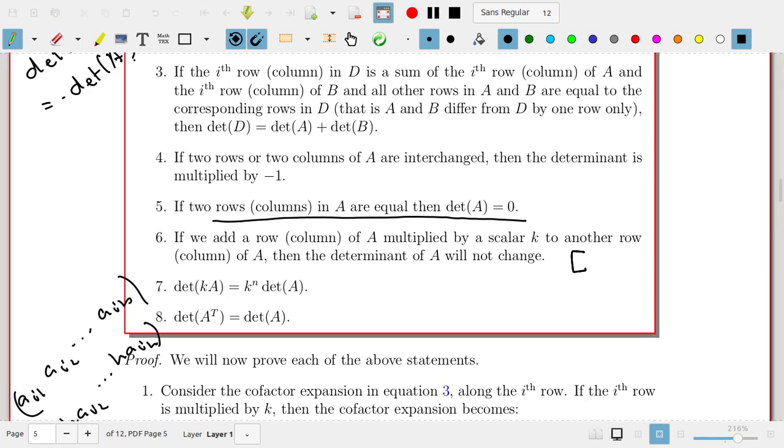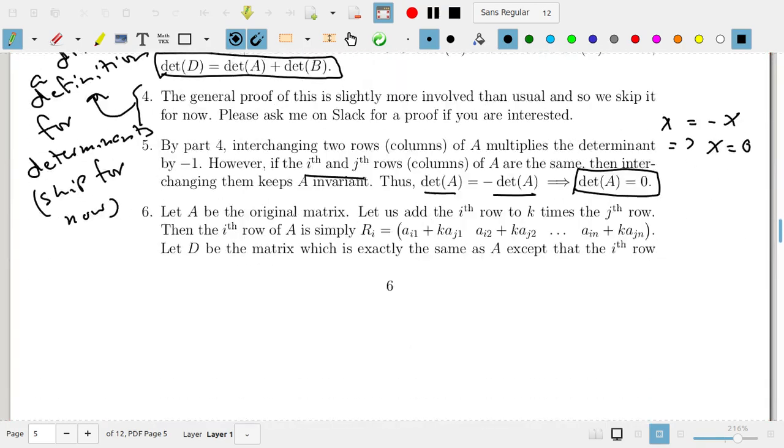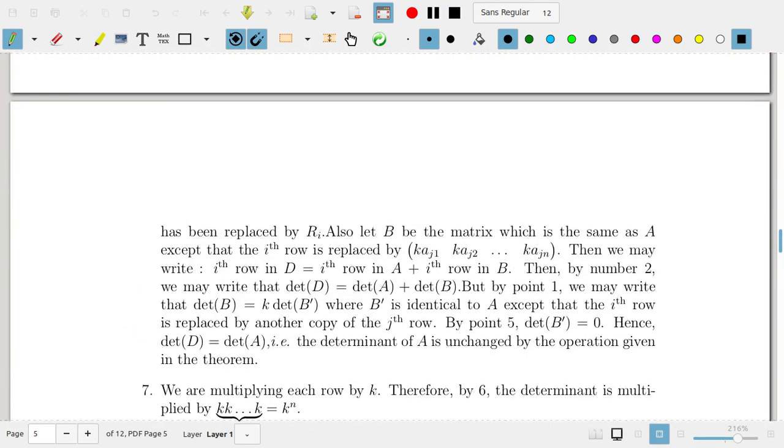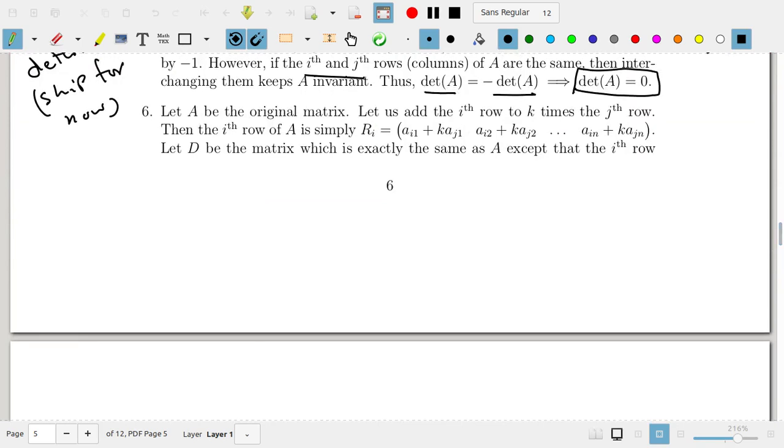So this is an elementary row operation, meaning Ri goes to Ri plus k Rj. That's not going to change the determinant. So let's add k times the jth row to the ith row. So the ith row then becomes this.